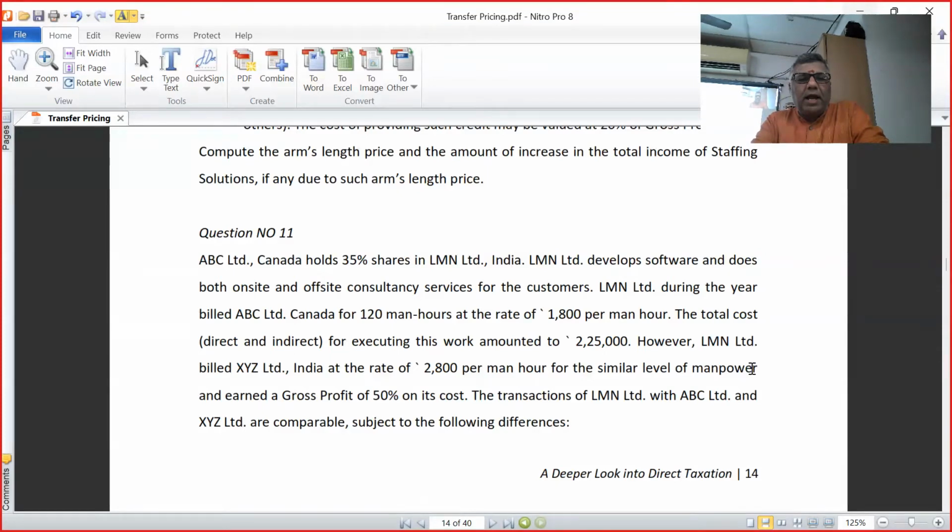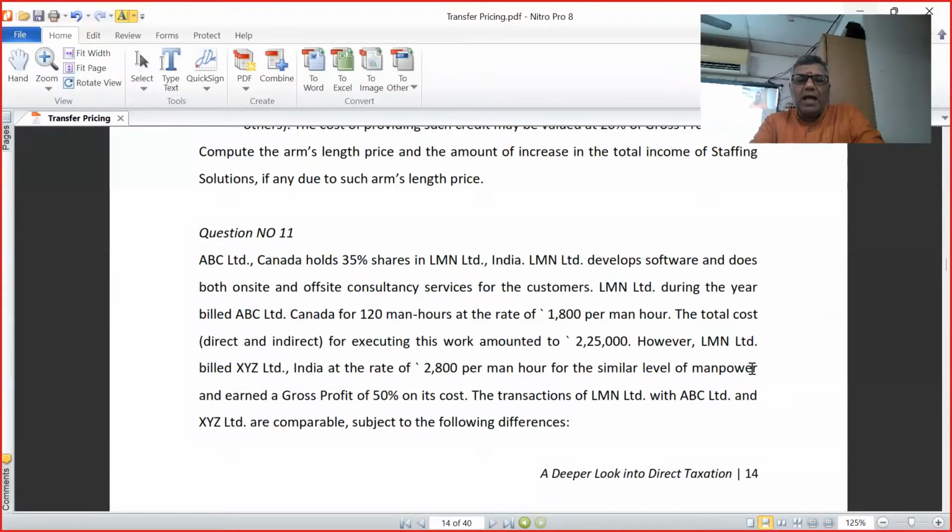ABC Limited Canada holds 35% shares in Element Limited. Element Limited develops software and does both on-site and off-site consultancy services for the customer. Element Limited during the year billed ABC Limited Canada for 120 man hours at the rate of 1,800 per man hour.